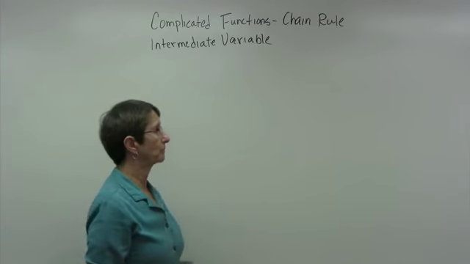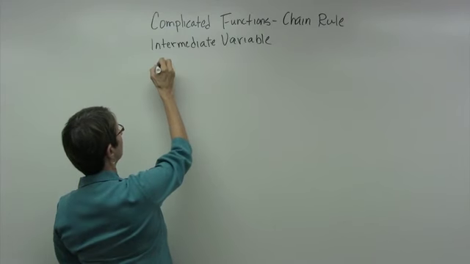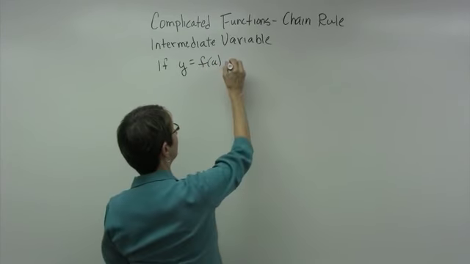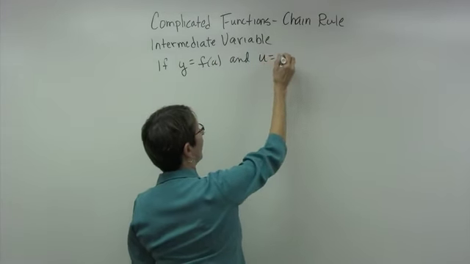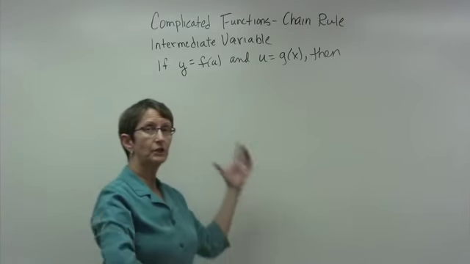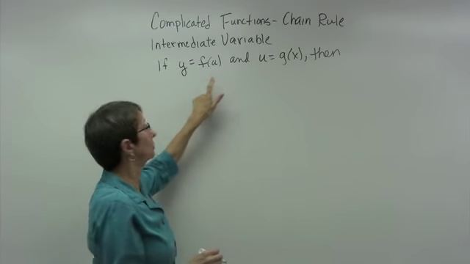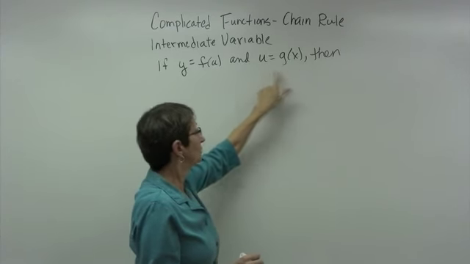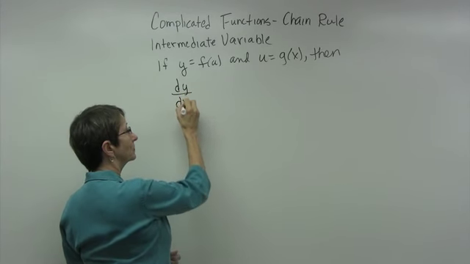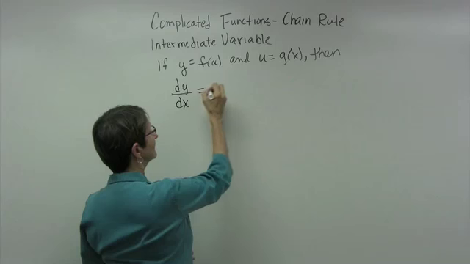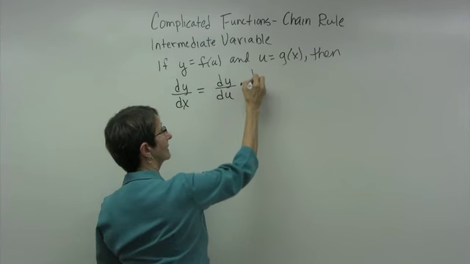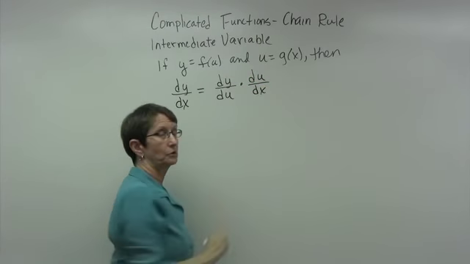With an intermediate variable, if we have y as a function of u and u as a function, let's say g of x, then the chain rule using the intermediate variable u, where y goes to u and then u goes to x, we can write the derivative of y with respect to x as the derivative of y with respect to u times the derivative of u with respect to x.